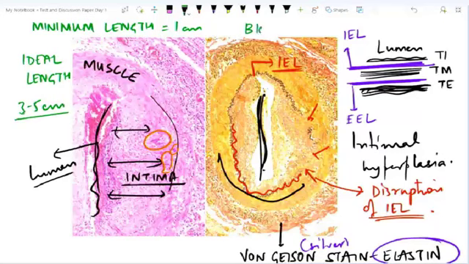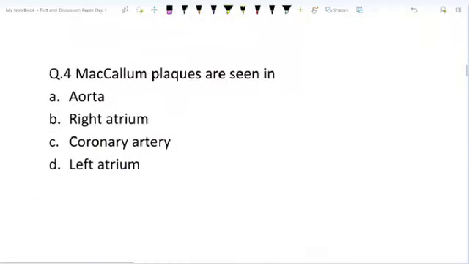Biopsy is the diagnostic technique. You cannot diagnose it without a biopsy. So see, appreciate the role of the pathologist. Okay, next, McCallum plaques are seen in. So first of all, what are McCallum plaques?